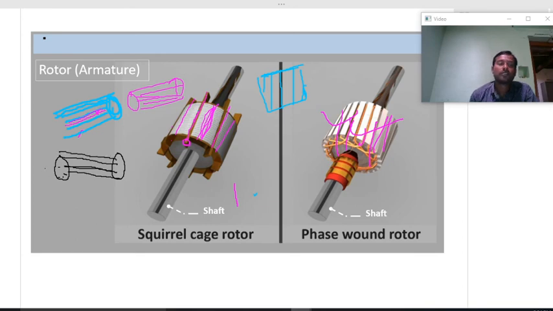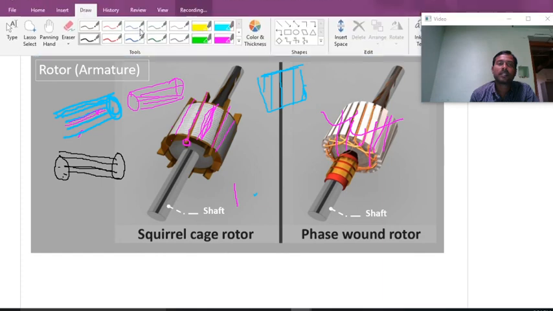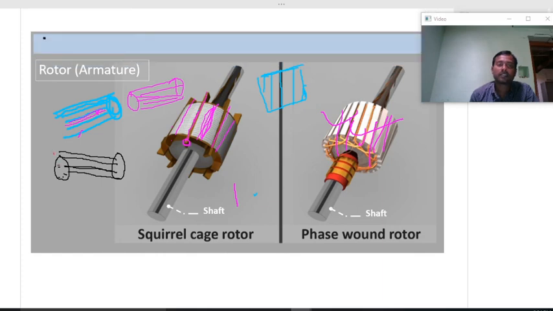If the flux flows horizontally, the flux will link in this way. Look at this one. In this area slots are available, in this area copper bars are available, again slots, again copper bars. Here this flux is linking with copper bar and slot, the laminated area and copper bars.